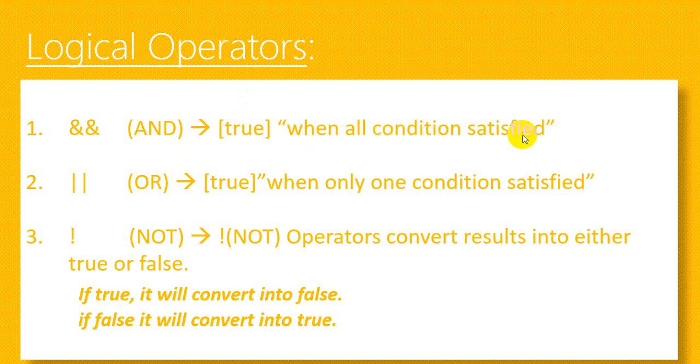When all conditions are satisfied, meaning true, only then will the result be true. Otherwise it will generate a false result. If one condition is true and one is false, or if both conditions are false, the result will be false. The only thing is that if all conditions are true or satisfied, then only it will be true.